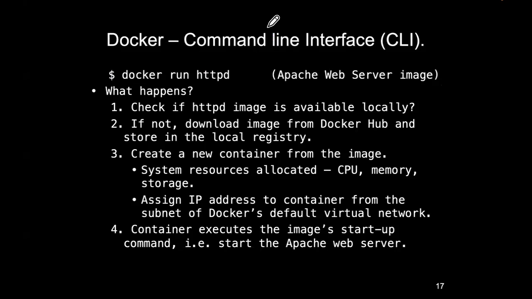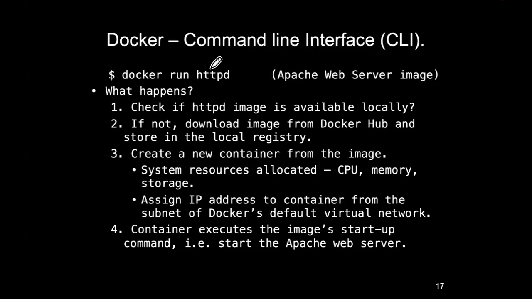You go from the command line, Docker run, and then the name of the image that you want to have executed within the container. If that image is already available to you locally on your local machine, then the Docker engine will simply start up a container and load the image into the container. If not, it will download it.